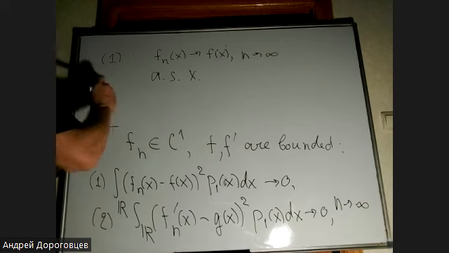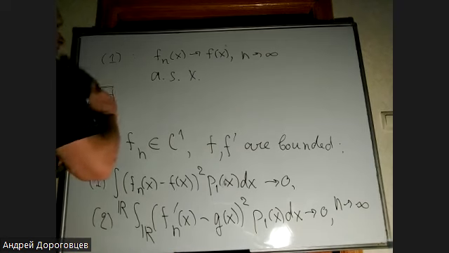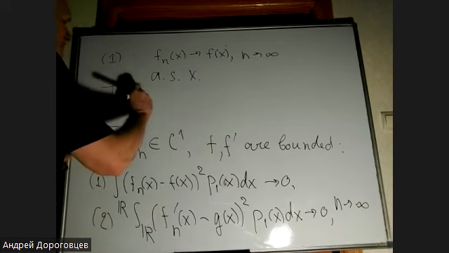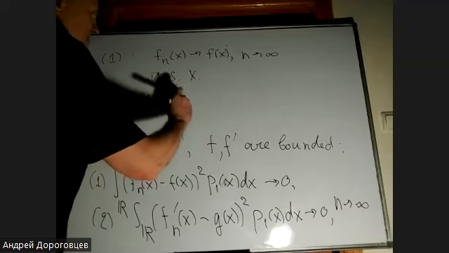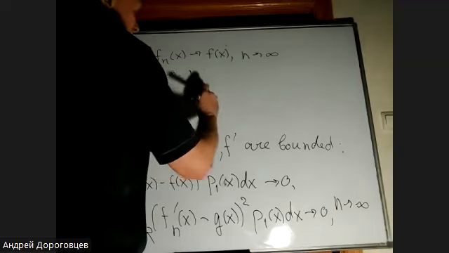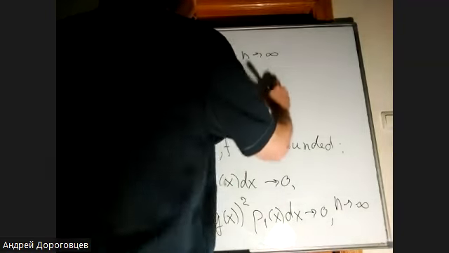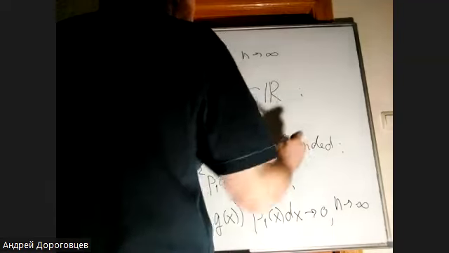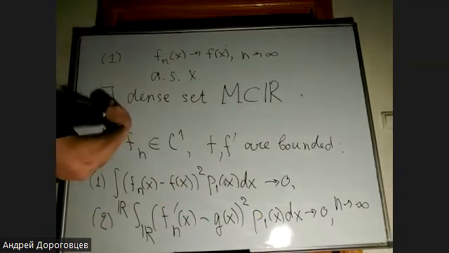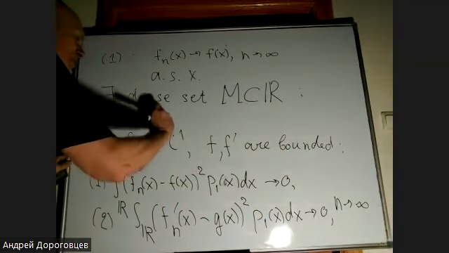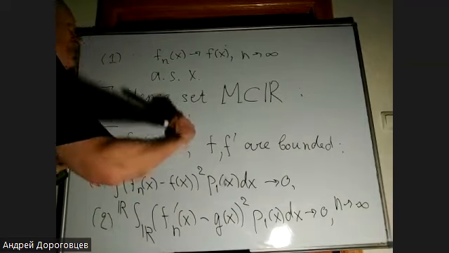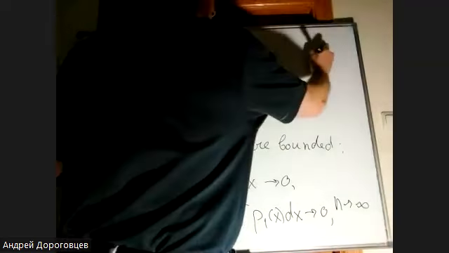So there exists a dense set M in R such that for all x which belong to M, we have this.